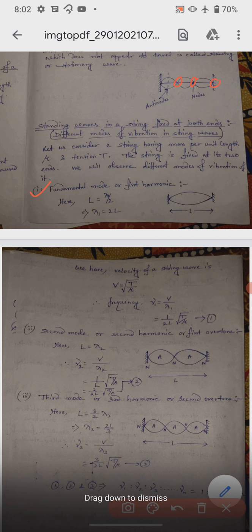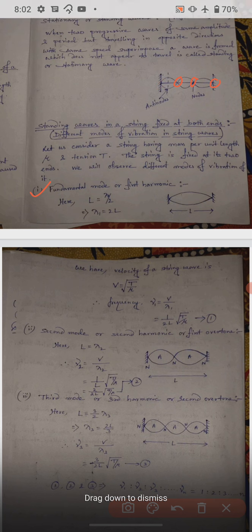This point also is a node. And the point where the amplitude is the maximum is called an antinode. So since the string is attached between two rigid supports, this will be one node with no displacement, another node with no displacement, and this region is the antinode.